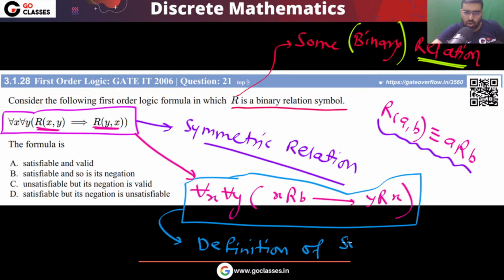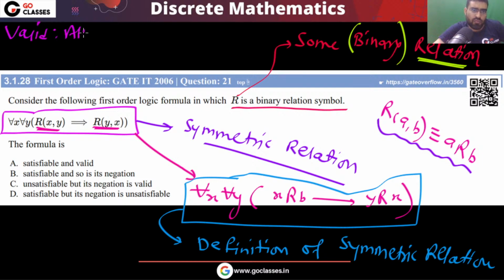Can I say it is valid? Like, can I say every relation is symmetric? Valid means always true. So remember what valid means.